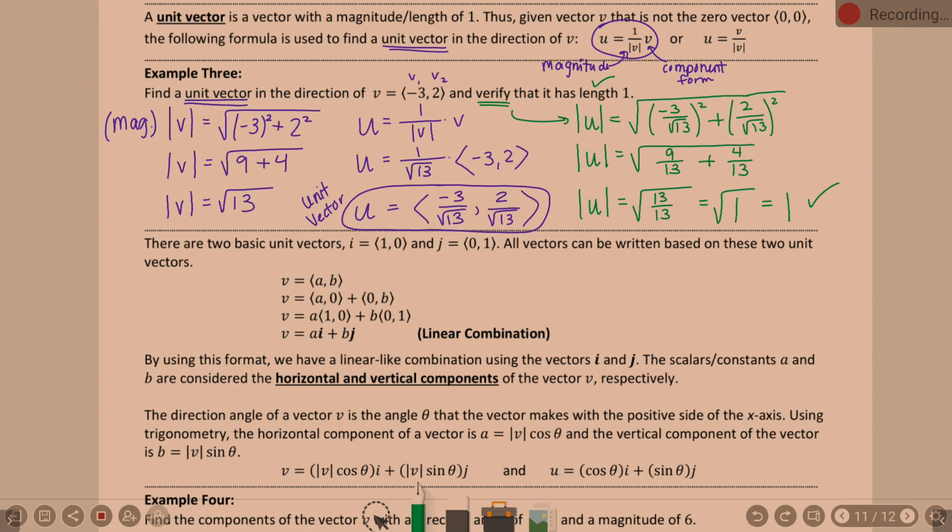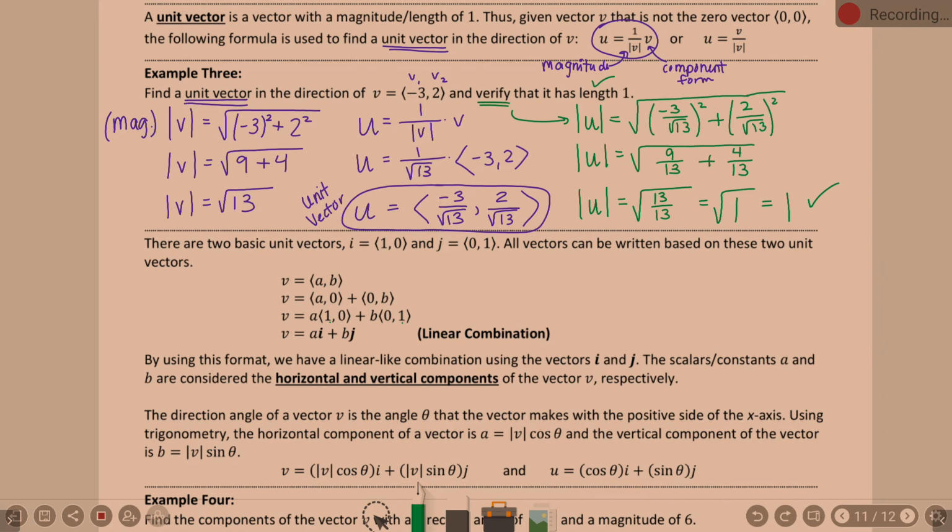If you factor out the a, a divided by a leaves me with a 1 in that spot. If you factor out a b, b divided by b leaves me with 1 in the second spot.